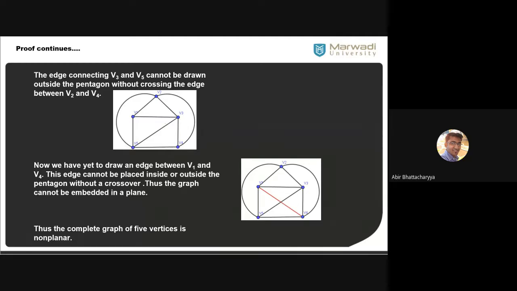Okay, all of you. So that is about the task today. So all of you think about this. Also, I will give you another graph and think whether this graph is planar or non-planar.